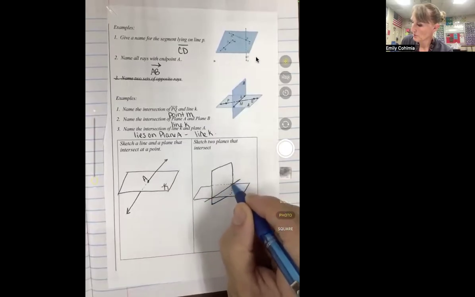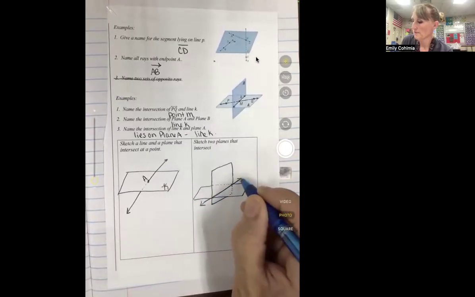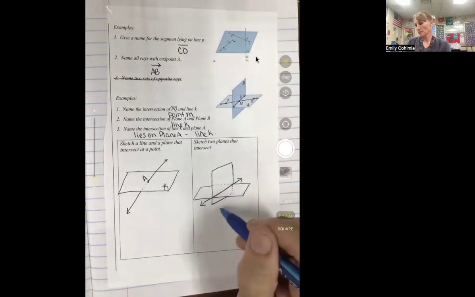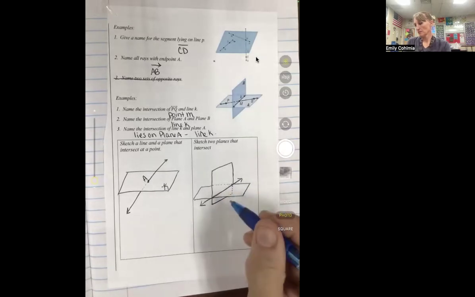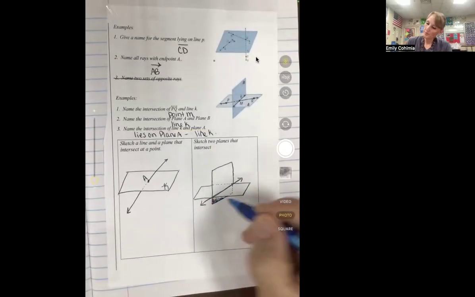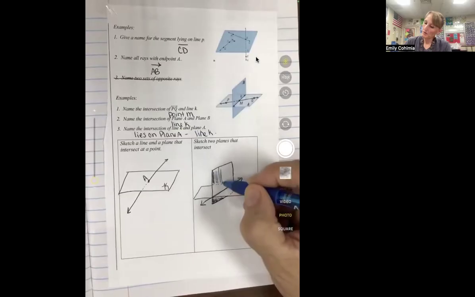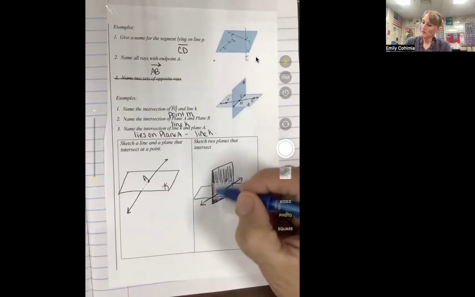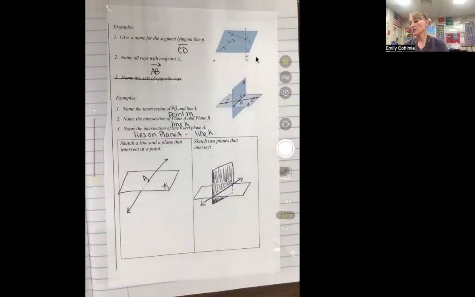And the intersection is going to be a line. If you want to color one of them, just to make it a little easier to see, you can do that.